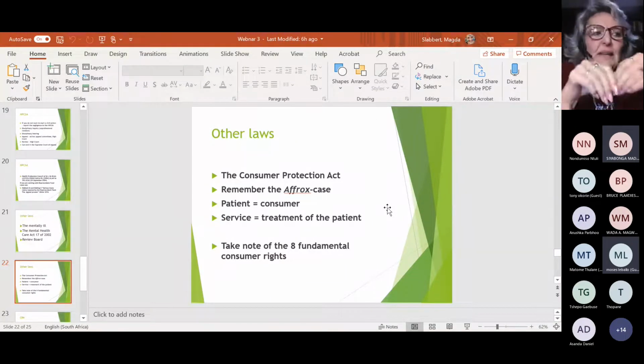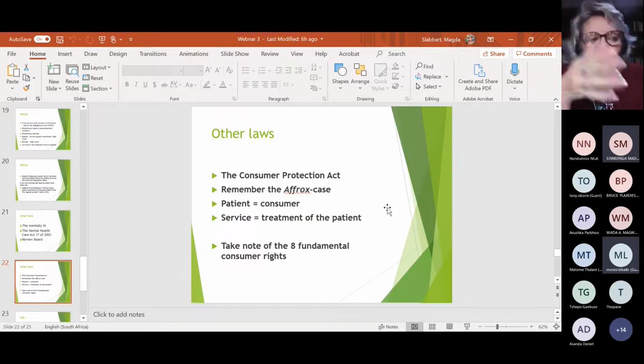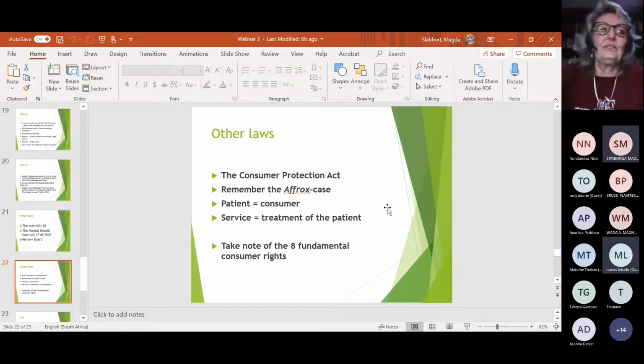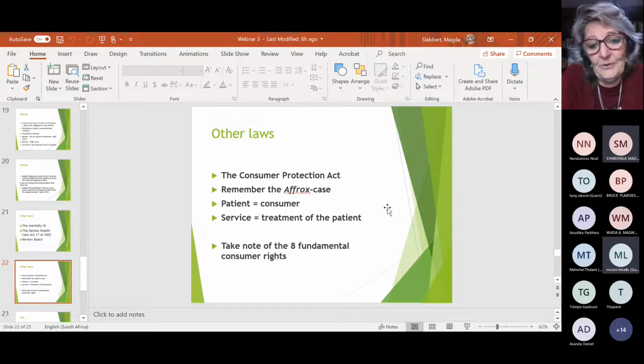So until such time that another patient takes a hospital to court for the indemnity clauses in their contracts, those clauses will stay valid until the court declares it under the Consumer Protection Act as not valid. I hope that most private hospitals have changed their admittance forms to comply with the Consumer Protection Act, but I'm not sure that that is the case.